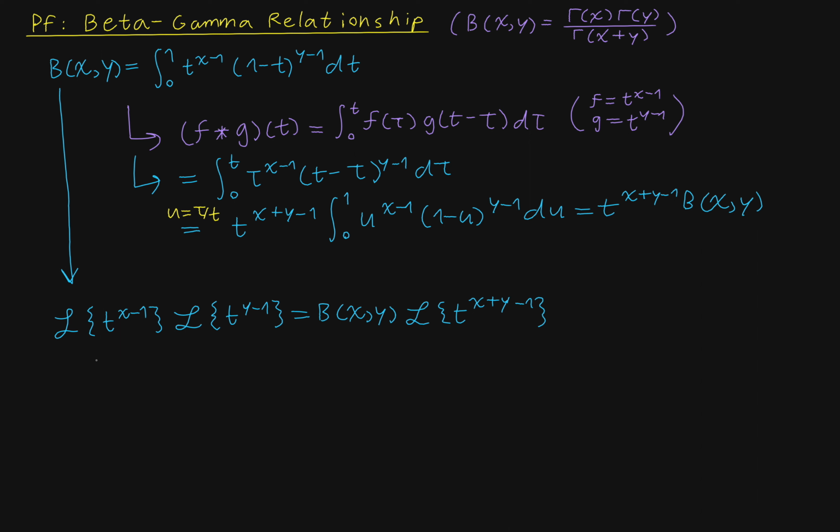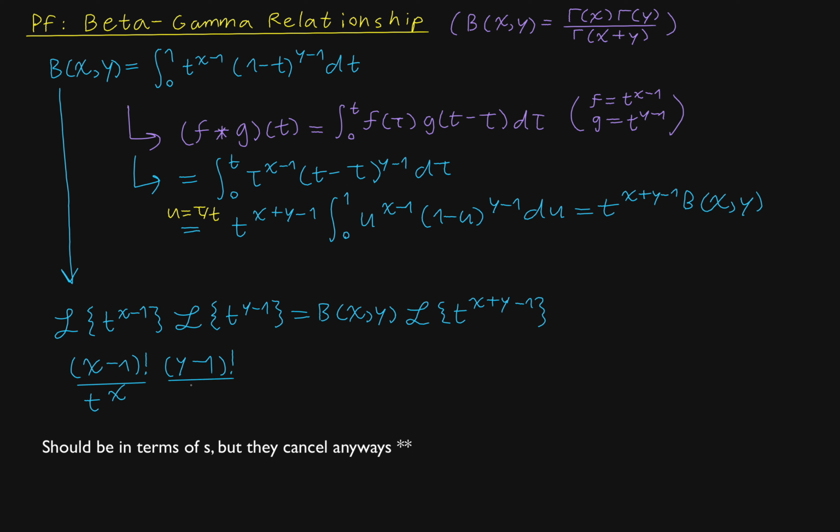But basically what you're going to get, if you look at patterns, is x minus 1 factorial over t to the x, and then y minus 1 factorial over t to the y.